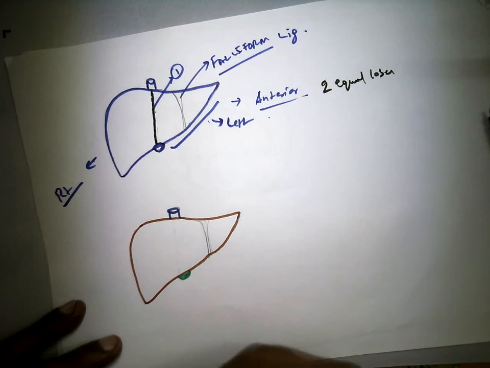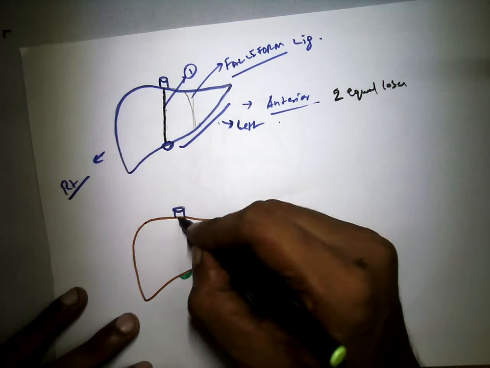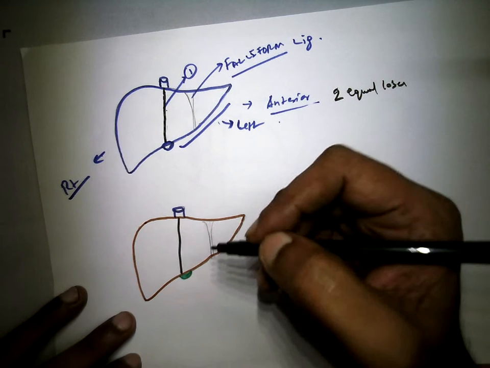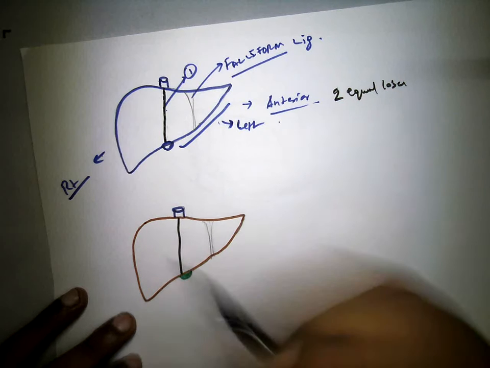You can shade it here. This is the main line which divides the liver into two important lobes, that is right and left lobe.